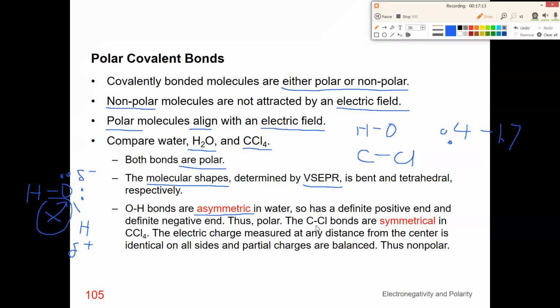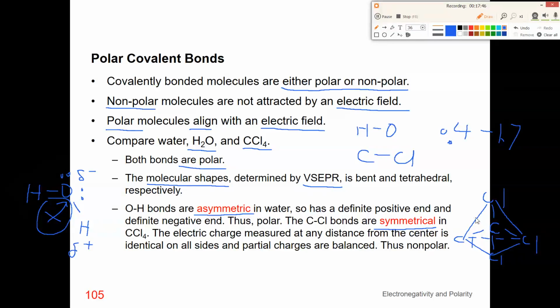However, carbon tetrachloride is a tetrahedral structure. It's a symmetrical structure. So we have carbon, and we have chlorine. It's tetrahedral. You guys did this simulation. So the tetrahedral structure is symmetrical. Right?